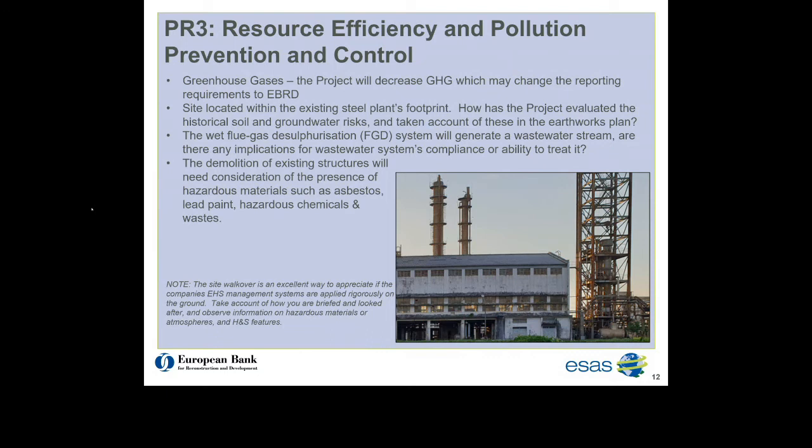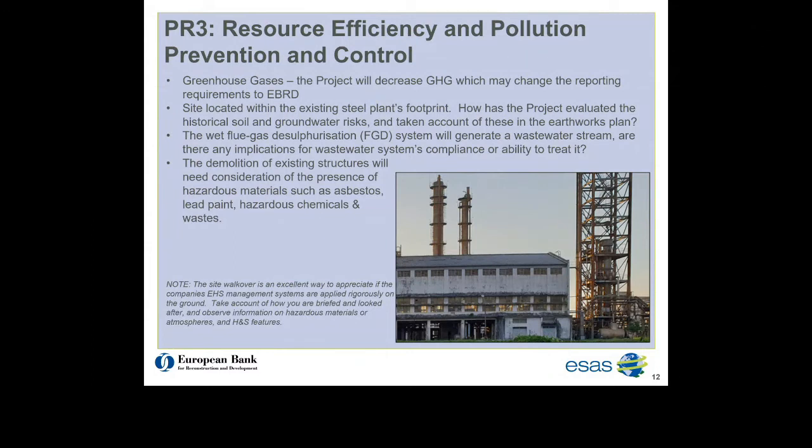In this situation, we were seeing a reduction in greenhouse gases due to the improved efficiency, the move away from burning coal to burning the off gases from the actual steel process. So overall, this was a very positive reporting requirement in terms of demonstrating that the investment from EBRD was reducing the greenhouse gases.